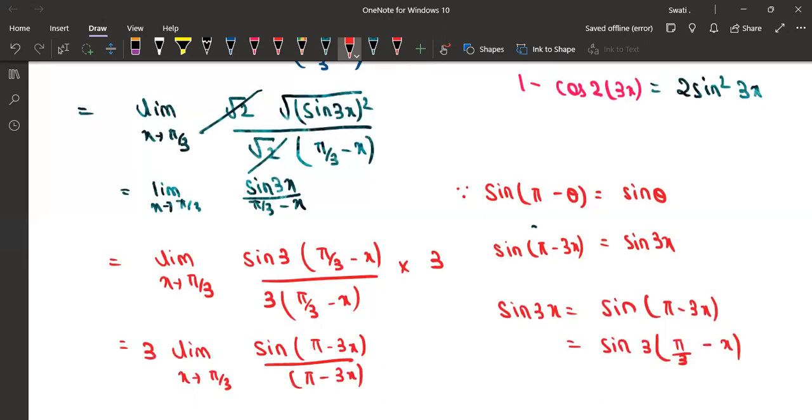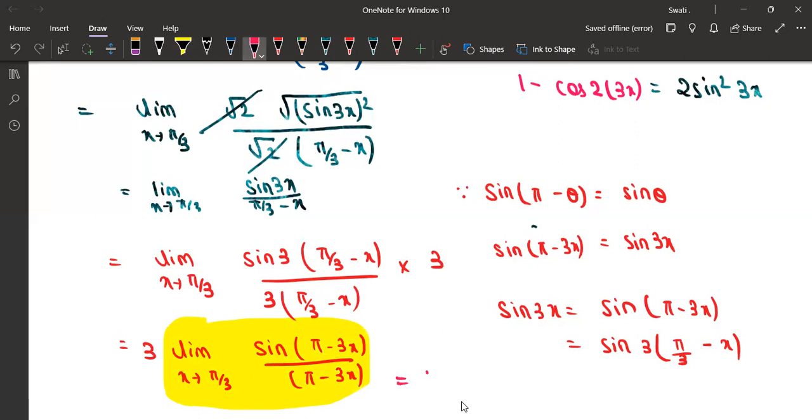Now we know the formula limit x tends to 0, sine theta upon theta is 1 only, right? So using that formula, of course, we can here also write down that this entire thing is actually 1. So this entire thing is 1 using that formula.